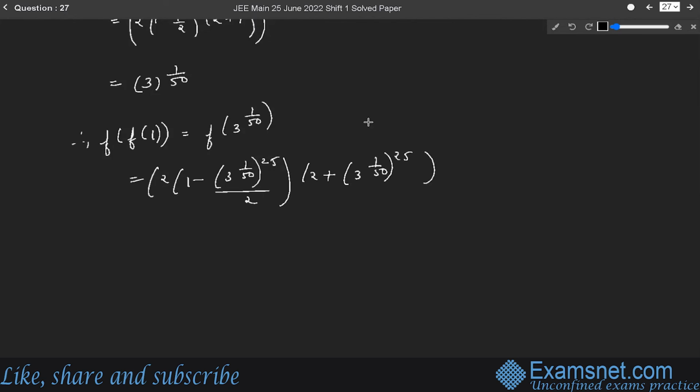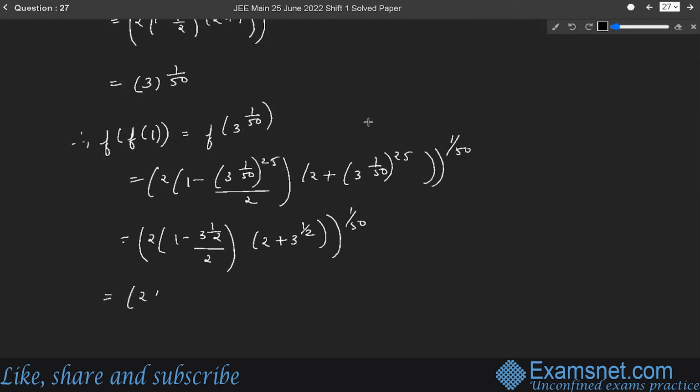divided by 2 into (2 plus (3^(1/50))^25), whole power 1 upon 50, which will be equal to (2 into (1 minus 3^(1/2)) divided by 2 into (2 plus 3^(1/2))) whole power 1 upon 50.